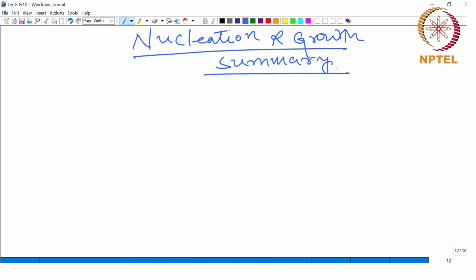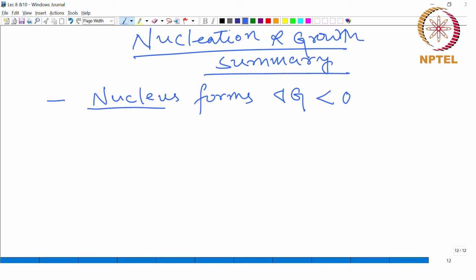So, here we have seen that the nucleus forms when the free energy change is negative. Nucleus is nothing but the very first particle of the solid which forms from the liquid as the temperature is lowered below the melting point.